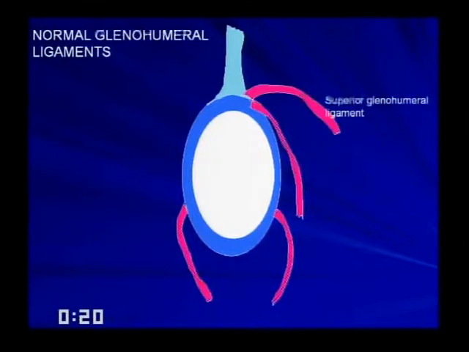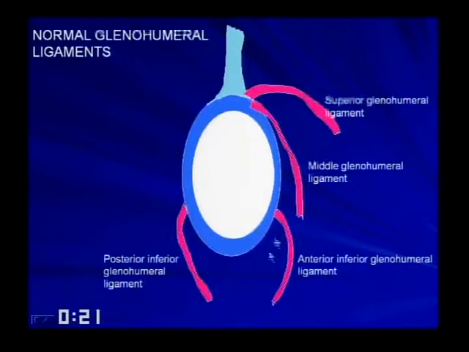And we're looking into the joint. This is the bicipital labral complex. That's the biceps tendon. This is the superior labrum. We're looking down into the joint, sort of like a Y view. Superior glenohumeral ligament, middle glenohumeral ligament, and there's a posterior and anterior inferior glenohumeral ligament.